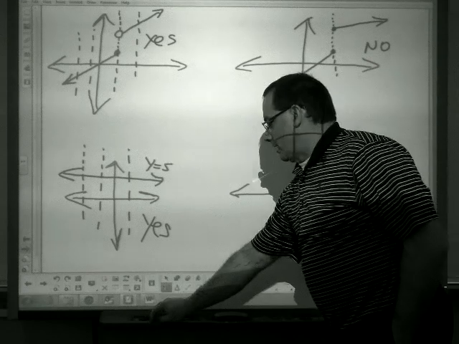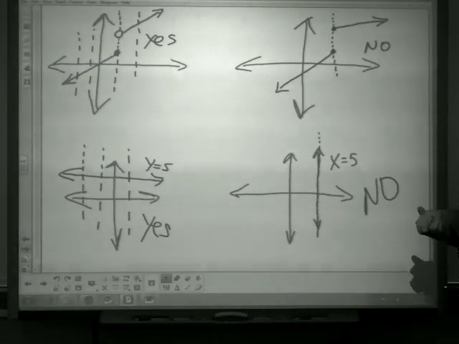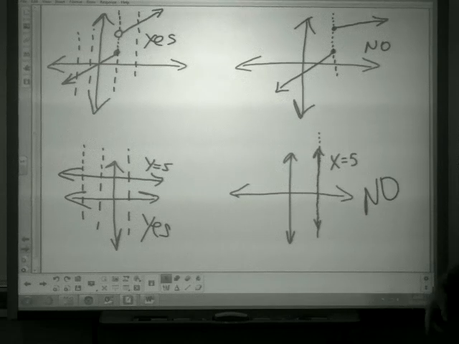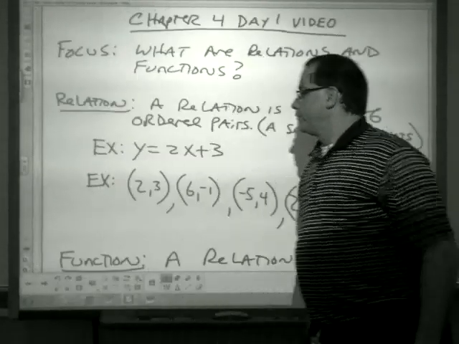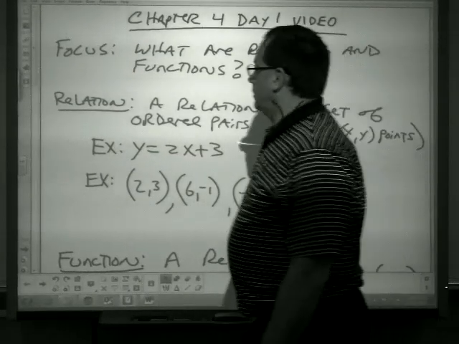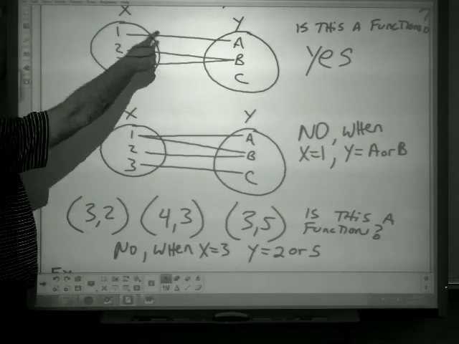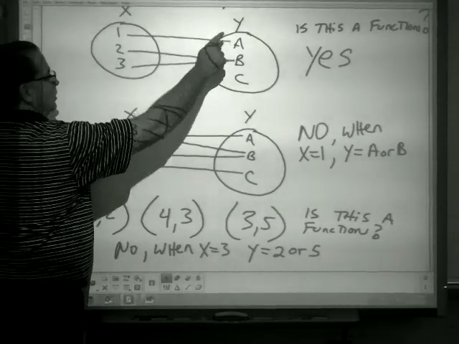And so this first lesson was just about what are functions and how can we tell graphically using our vertical line test. How can we tell looking at a set, making sure that every x goes to only one y.